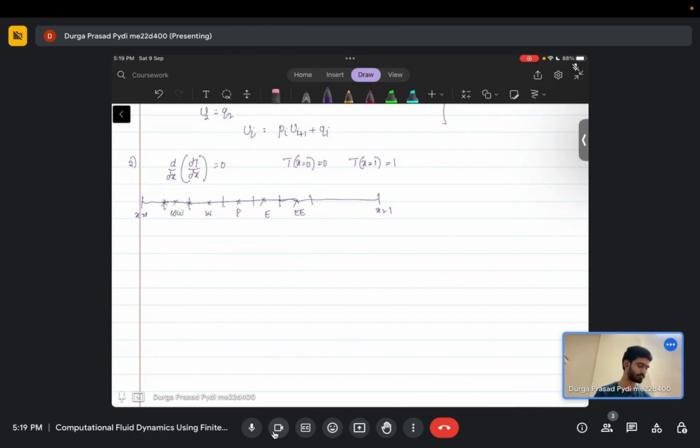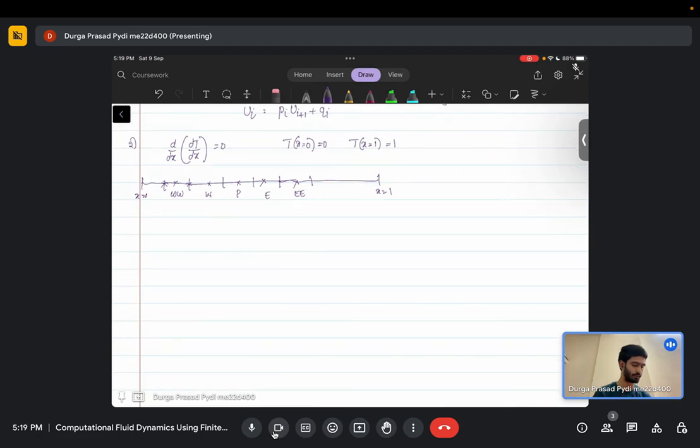When we used to do this for a particular cell, P cell, this is my west face and this is my east face. So what we have here is dT/dx on the east face minus west face equal to 0.